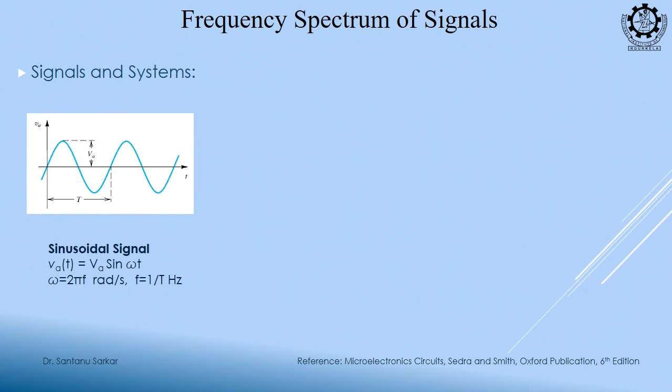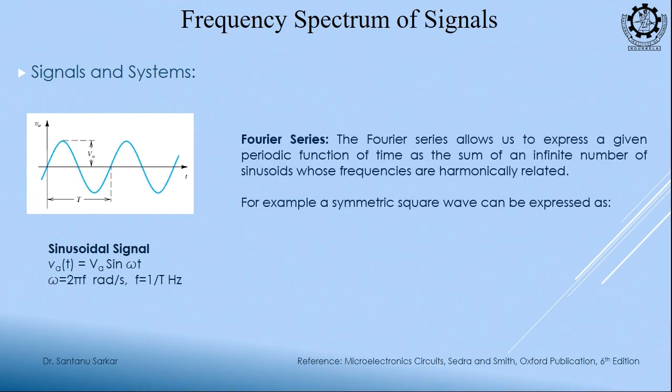So, if you have a sinusoidal signal or any periodic signal, can you tell me what we can say if we do the frequency spectrum or Fourier series analysis? This Fourier series analysis tells that any periodic signal we can represent as an infinite sum of sinusoids in the frequency domain, right.